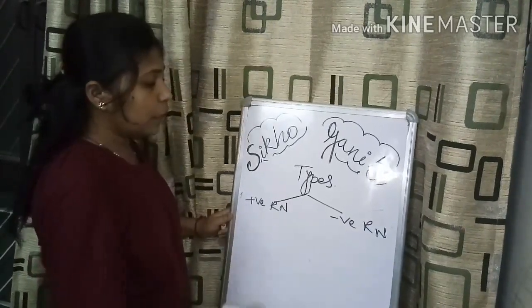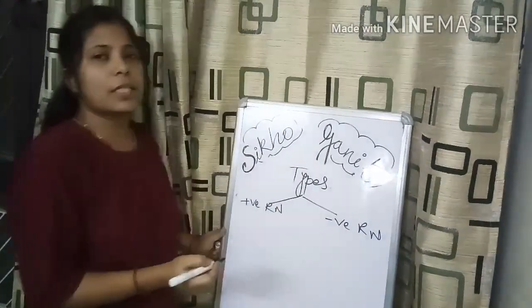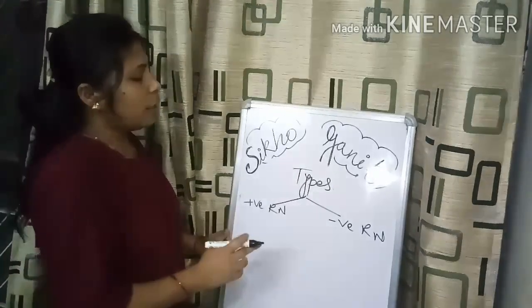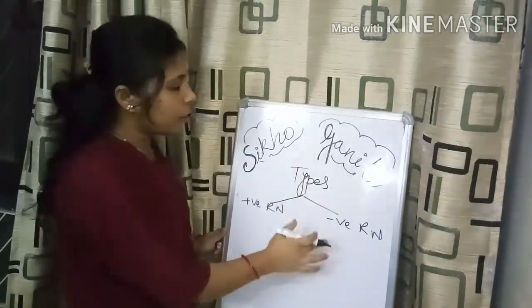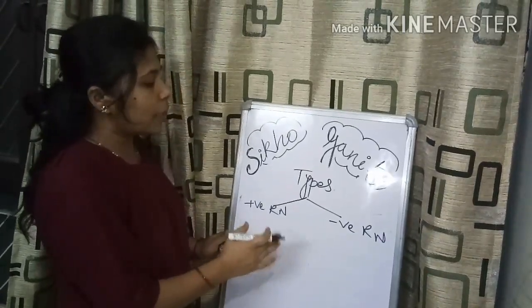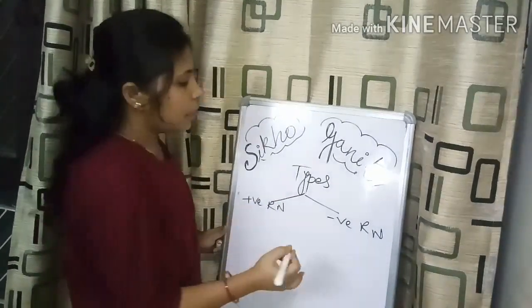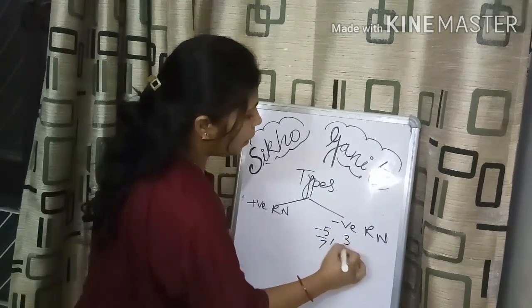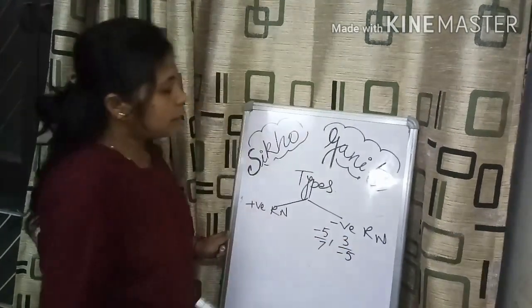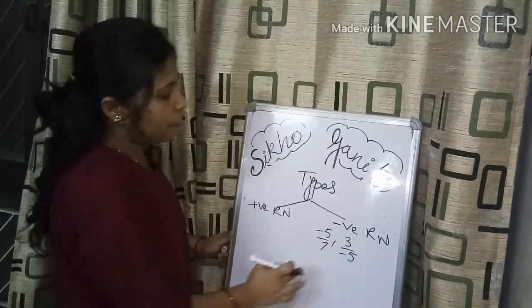Now negative rational number. What is negative rational number? If numerator and denominator are having different signs, then it is called a negative rational number. As for example, -5 by 7, 3 by -5. These are the examples of negative rational number. Why?